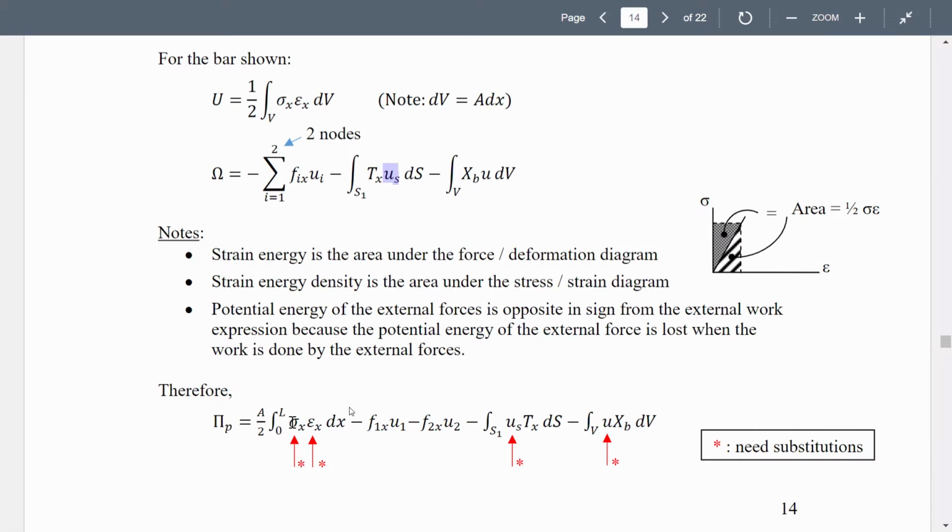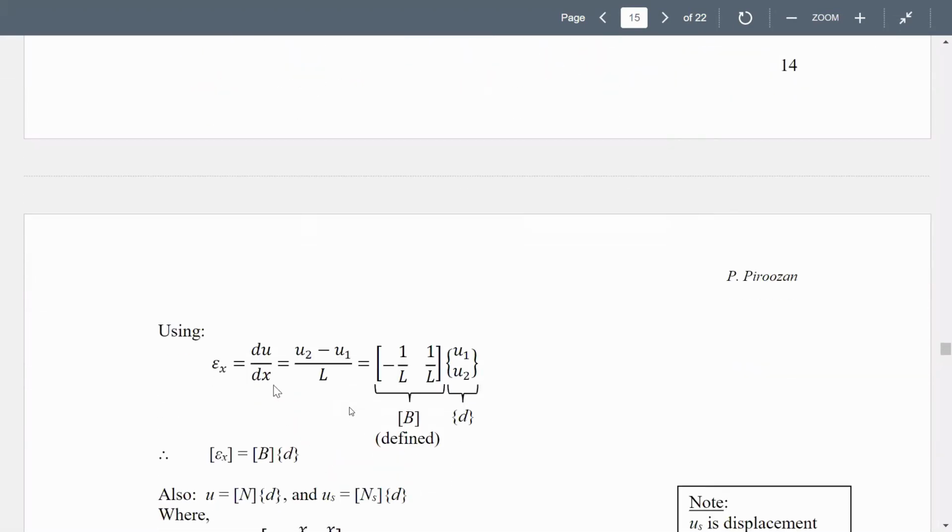So we need to make some substitutions. This asterisk means we need substitutions. For sigma, epsilon, and U, I want to make some substitutions. Epsilon is simply the derivative of displacement with respect to x, or in difference form, we can write it like this, or in matrix form, we can write it like this.